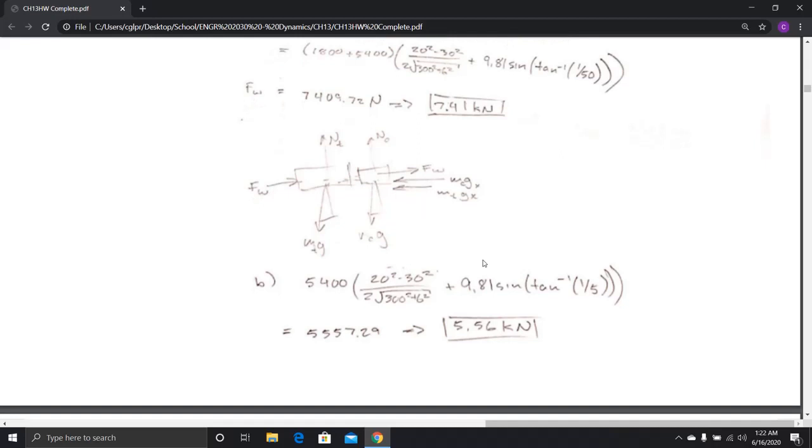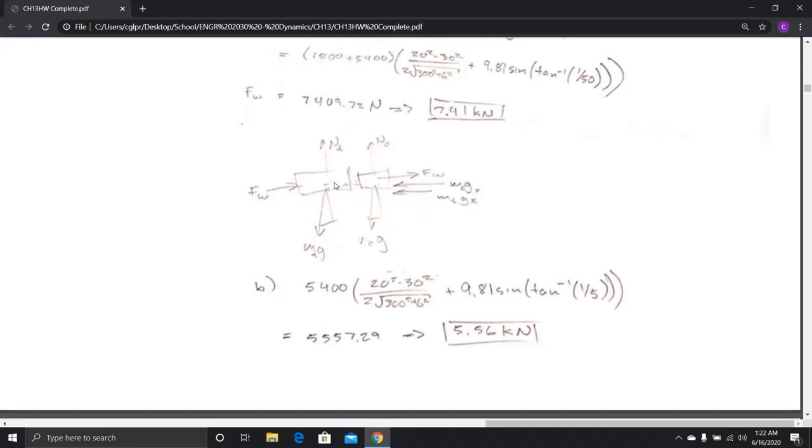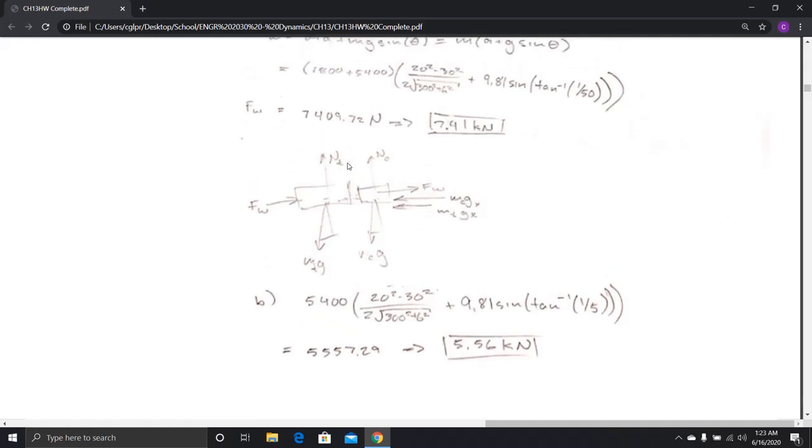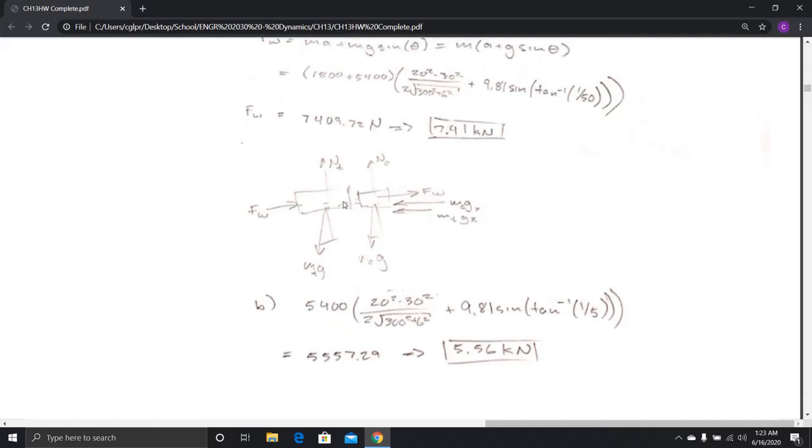To find the force at the coupling, I start drawing how both of these are related to each other. Then I realize that the force at the coupling is just going to be based on the mass of the trailer.